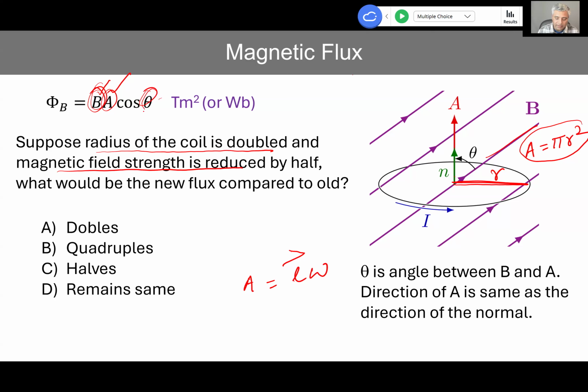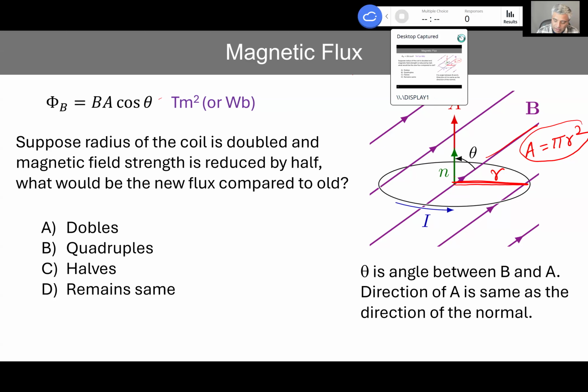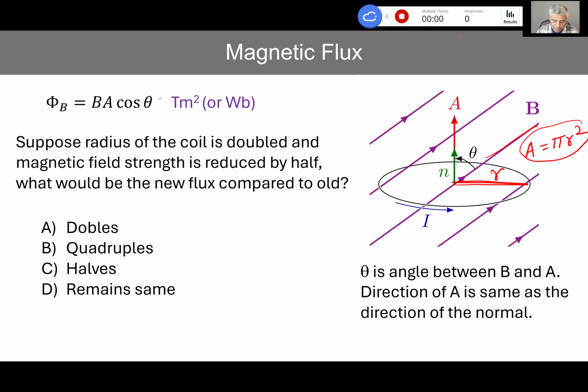It looks like the angle is not changing. The orientation of the loop is exactly the same, and there is no information about change, so we can say it is the same. With that, what do you think would be the new flux compared to the old one? You have a minute, maybe a minute and 30 seconds for this.